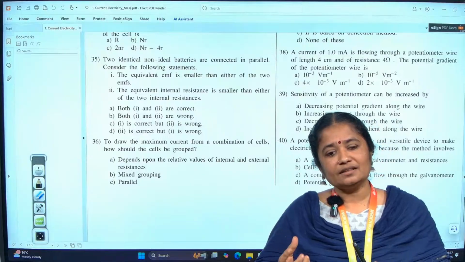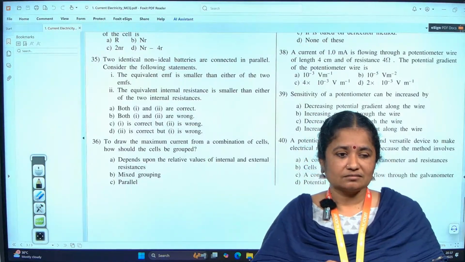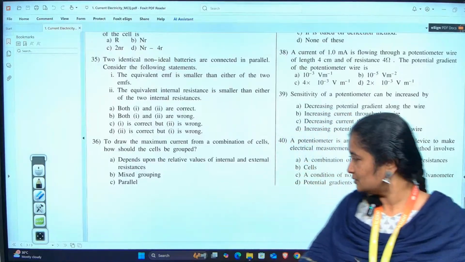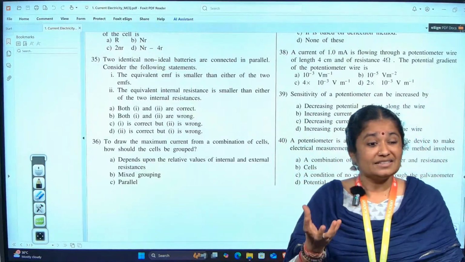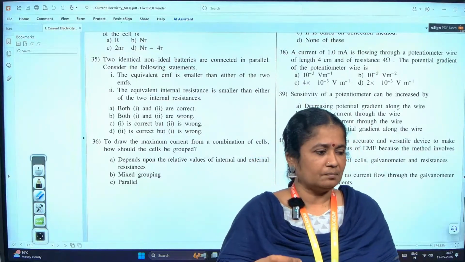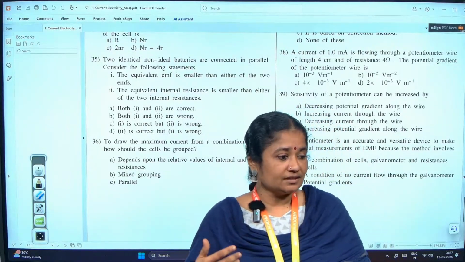If it is a fresh battery, connect in series. If it is a weakened one, parallel. The internal resistance depends on the aging of the cell. A fresh cell has very low internal resistance. By usage the internal resistance increases.